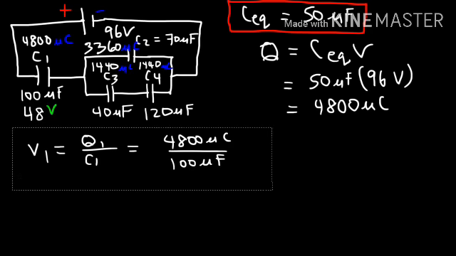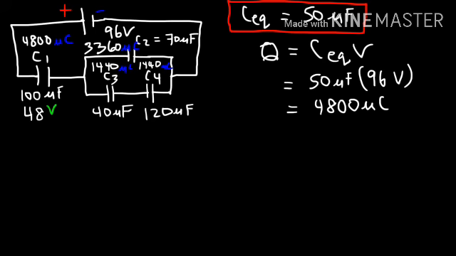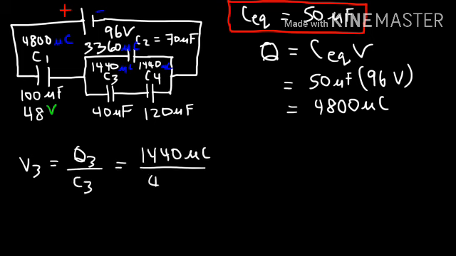Now let's calculate the voltage across C3. So V3 is going to be Q3 divided by C3, and so that's 1440 microcoulombs divided by 40 microfarads. And so this will give us 36 volts across the 40 microfarad capacitor.